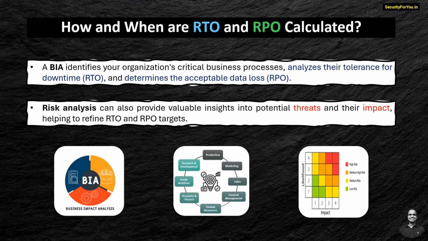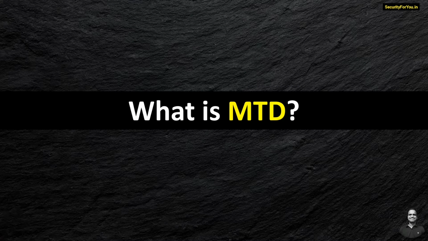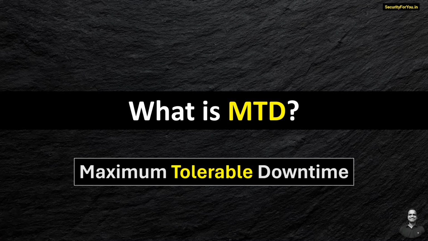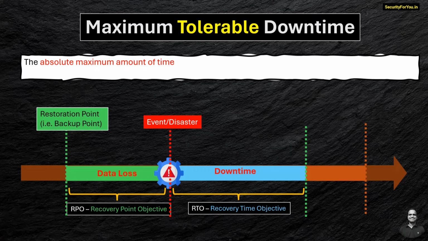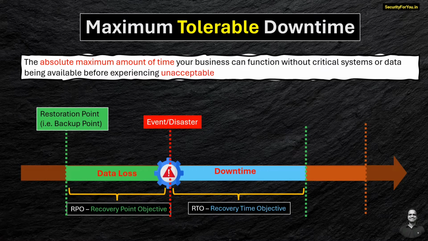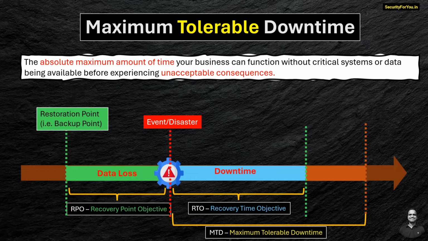There is another term which is used in disaster recovery planning, that is MTD, which stands for Maximum Tolerable Downtime. As the name suggests, it represents the absolute maximum amount of time your business can function without critical systems or data being available before experiencing unacceptable consequences.